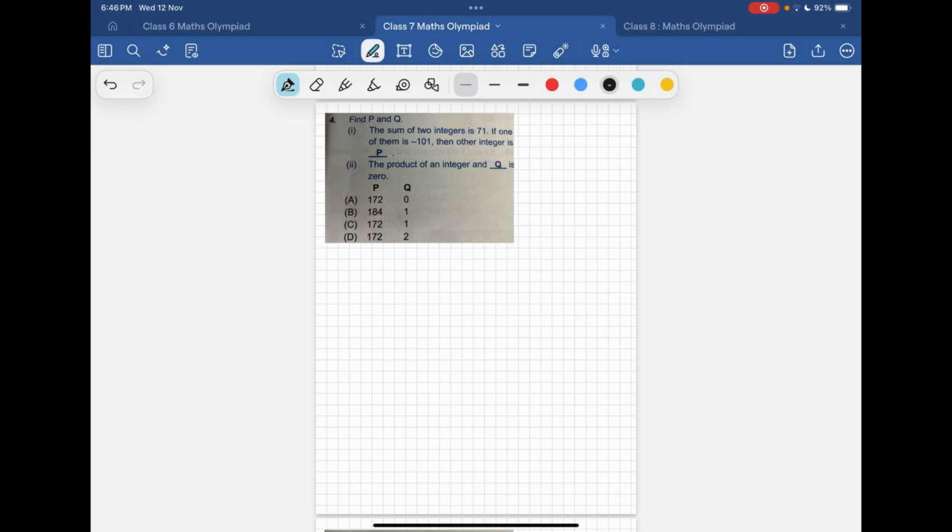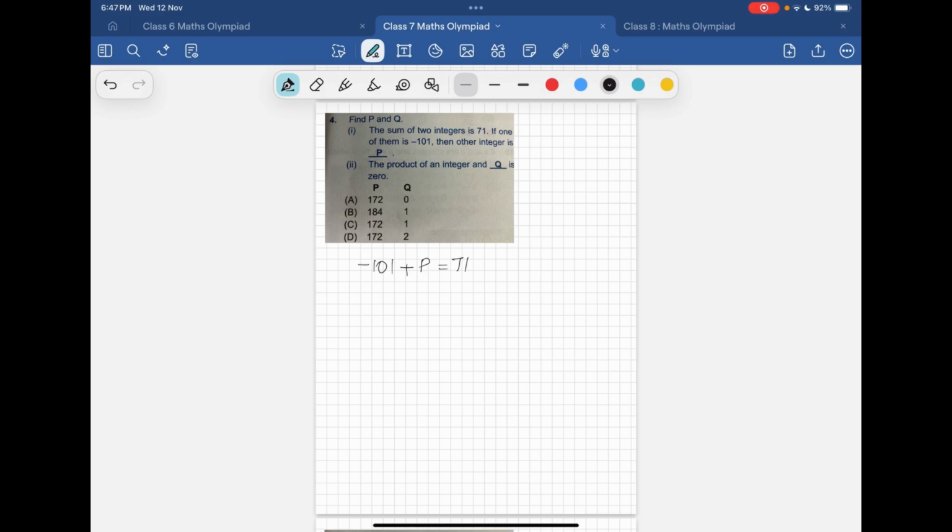Find P and Q. The sum of two integers is 71. If one of them is minus 101, then the other integer is P. So one integer is already given. It is minus 101. And the other integer is P. So minus 101 plus P is equal to 71.